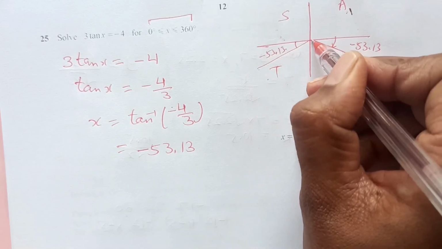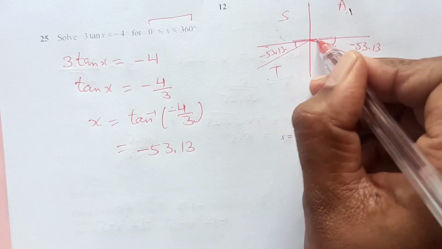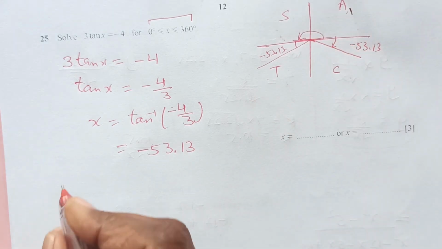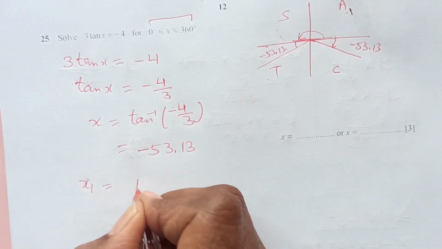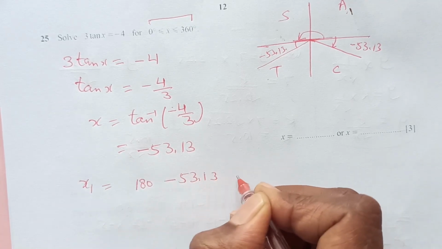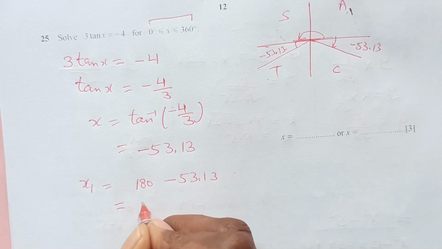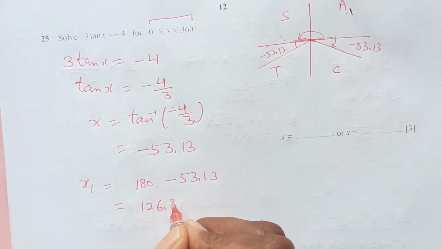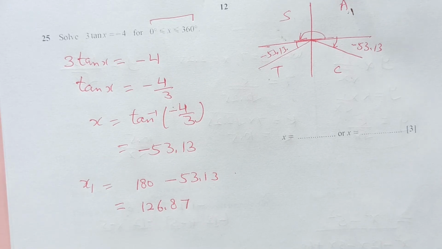So that means we have to go through here 180. So x1 is going to be 180 minus 53.13, which is 126.87. Right?